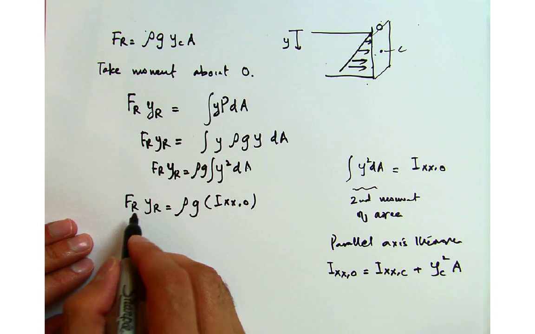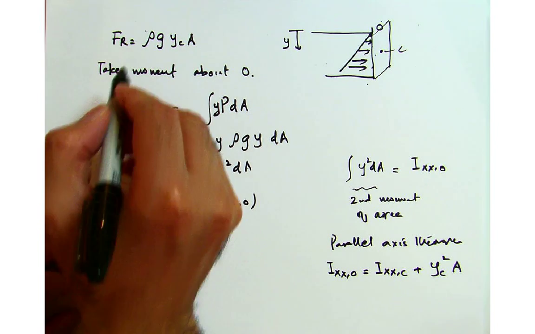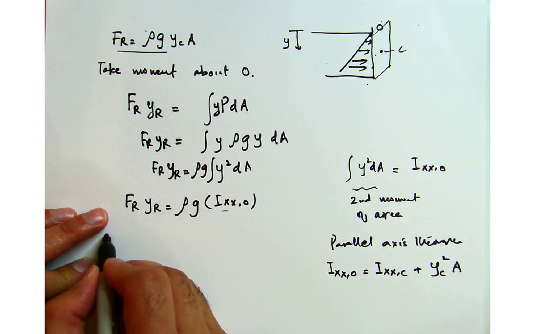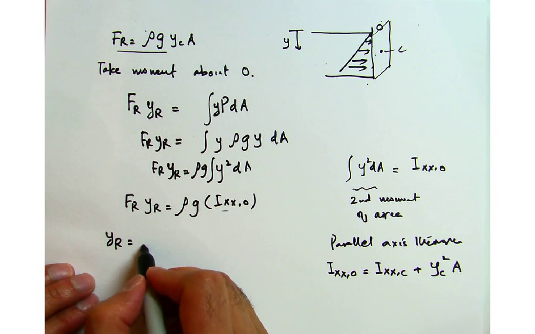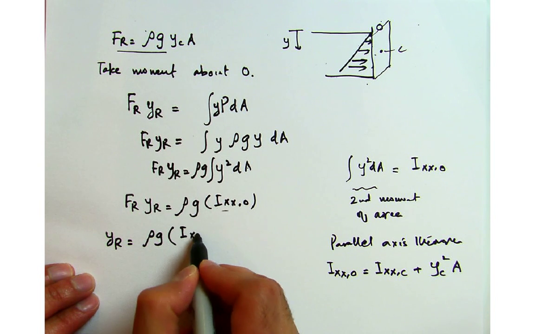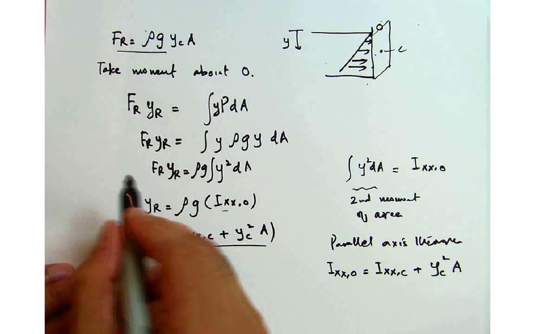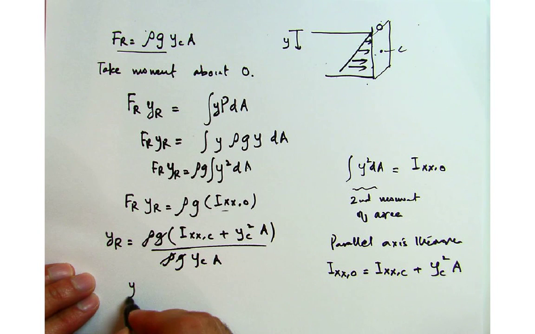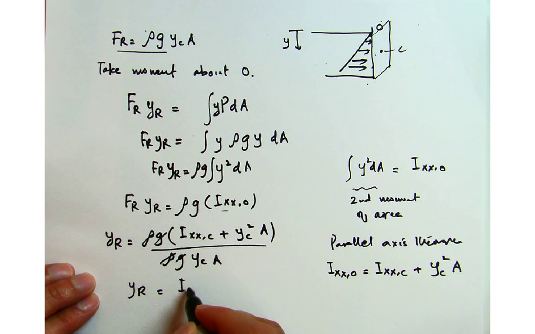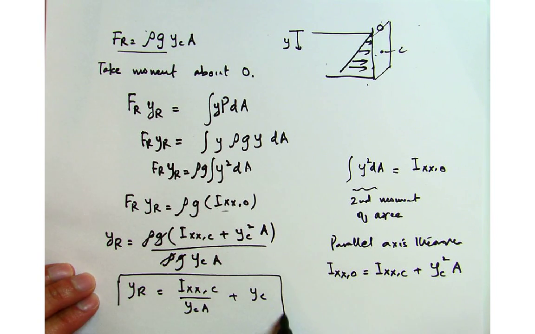So I'm going to substitute this over here, and we also have this F_R that I showed you earlier, so I can write this whole thing together. y_R, which is the location of this resultant force, is equal to rho g times (I_xx,C plus y_c squared A) divided by rho g y_c A. So this cancels out with this, and we are left with y_R equal to I_xx,C divided by y_c A, plus y_c.